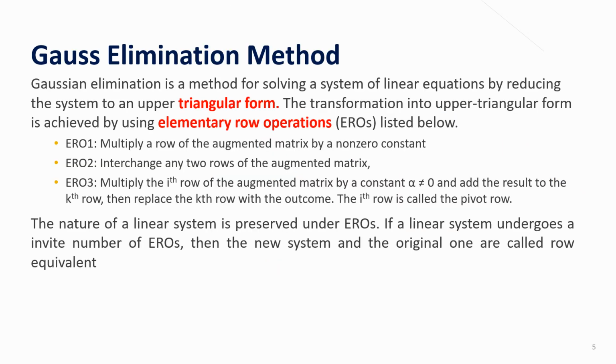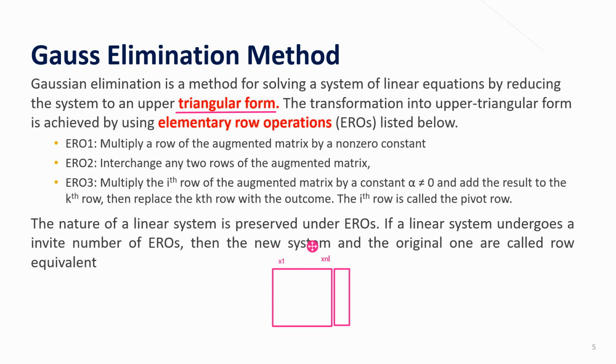Okay, the first one we will talk about is the Gauss elimination method. Gauss elimination is a method for solving linear equations by reducing the system into triangular form. So if you remember the augmented matrix earlier, which consists of the A matrix part here, and the B matrix part, and then each of these represents the variables x1 until xn.